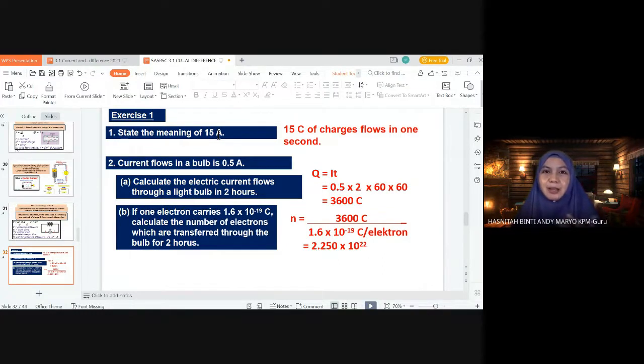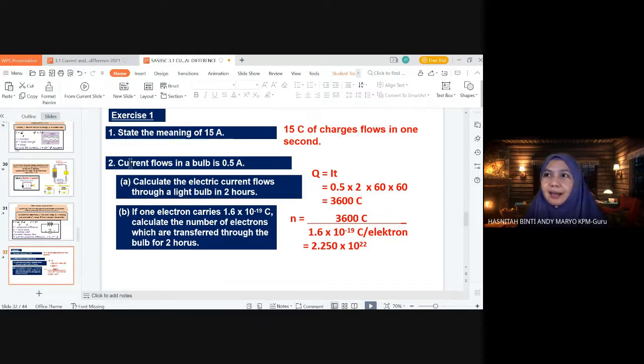For every 1 second, how much charge flows in that circuit. So 15 ampere means we have 15 coulomb of charge flowing in 1 second. Next, state the meaning of 250 ampere. It means 250 coulomb of charge flow in 1 second.